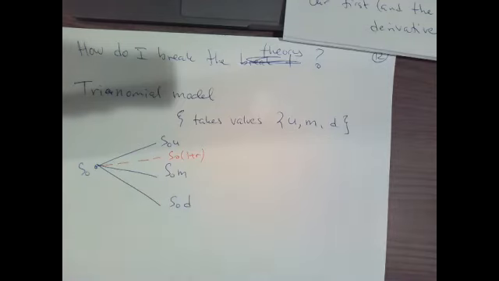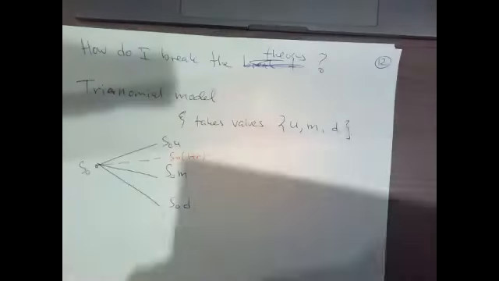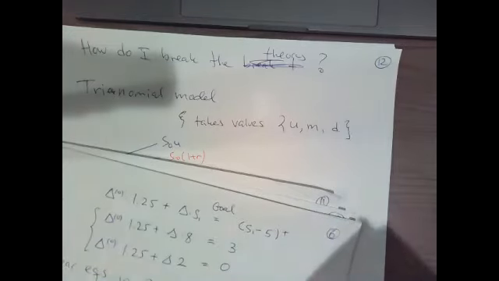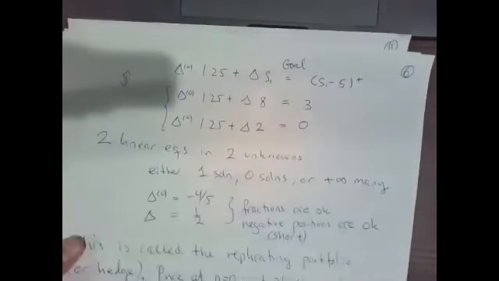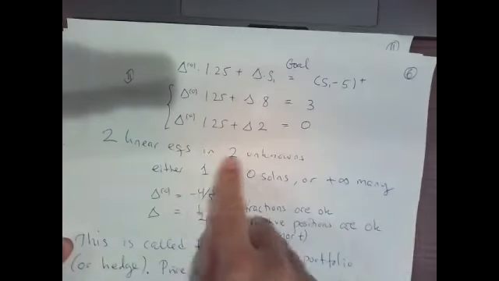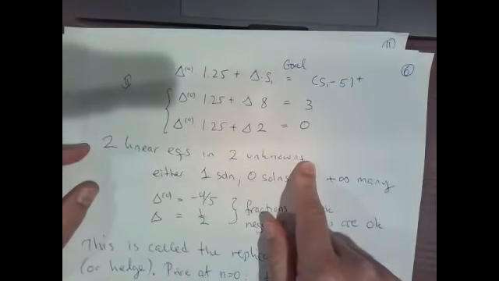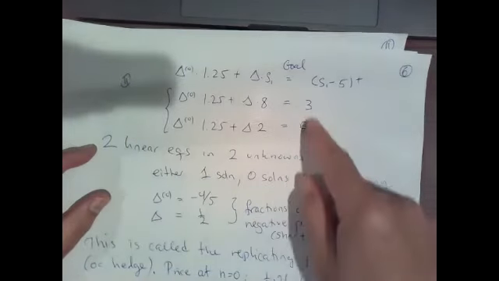More outcomes. That's right. There are 3 possibilities. So before, where did my replicating equations go? Before I had 2 linear equations in 2 unknowns. What will I have now? Well, how many equations did I get?